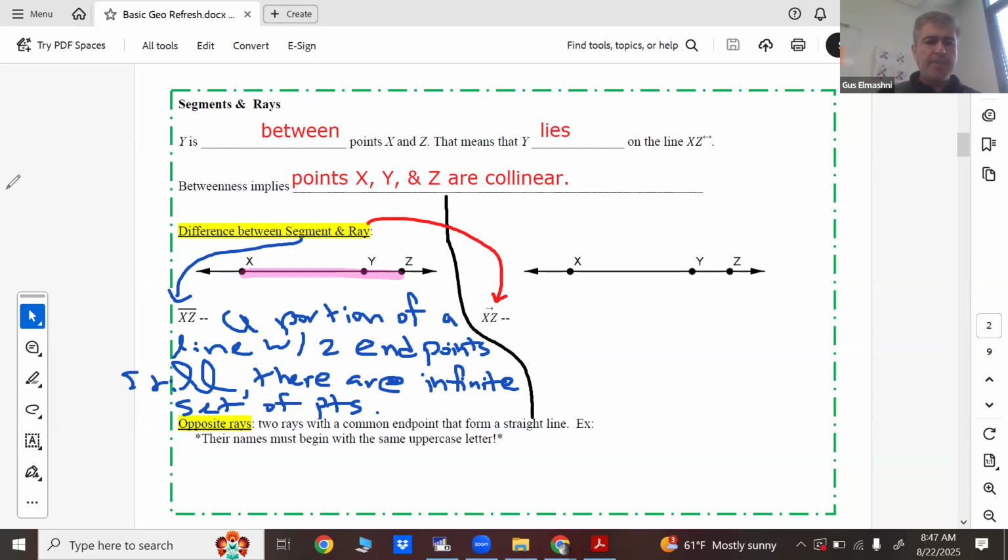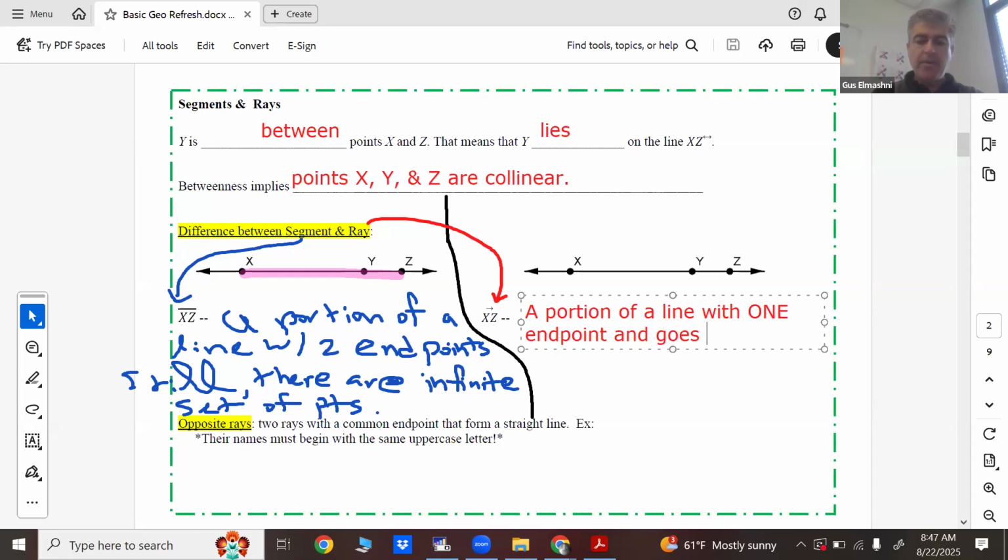Now, a ray, let me type this up, is also a portion of a line with one endpoint and goes forever in the other direction. Still, there is, terrible grammar, there is an infinite set of points.